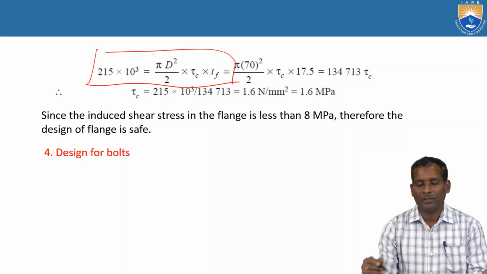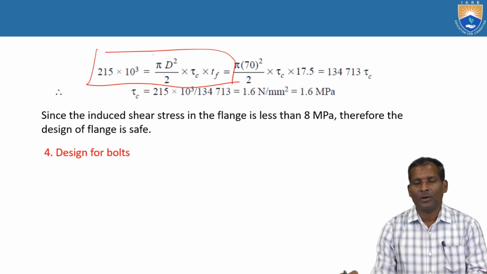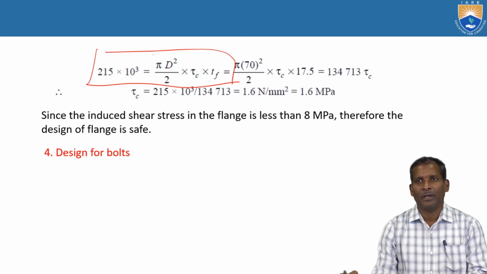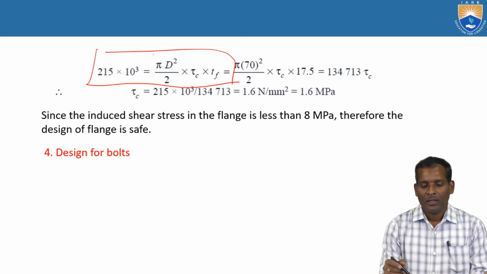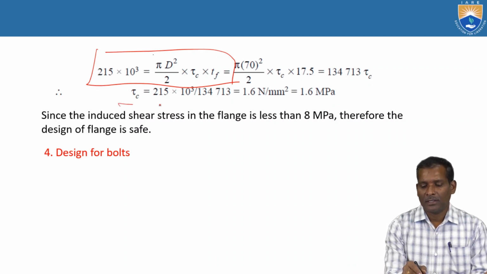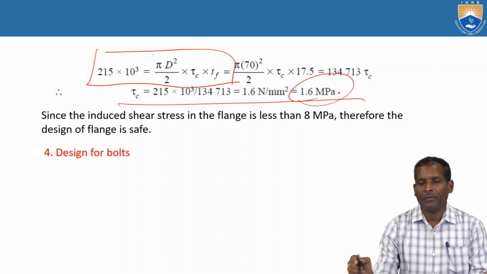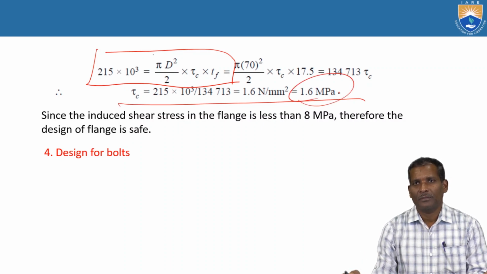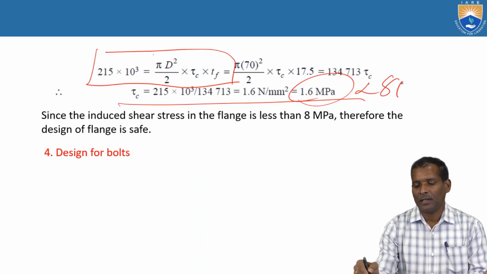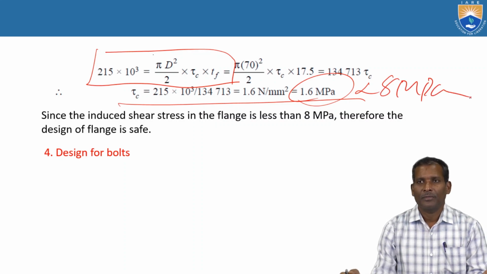Substitute the flange thickness as 0.5 times D, the shaft diameter, and calculate the shear stress. The obtained value is 1.6 megapascal. This is less than 8 megapascal, the given permissible value. Therefore, the above design of flange is safe.